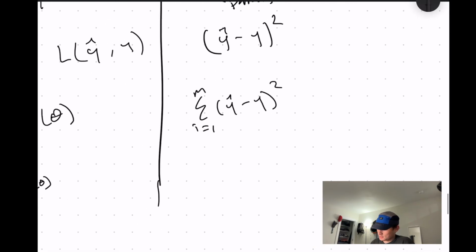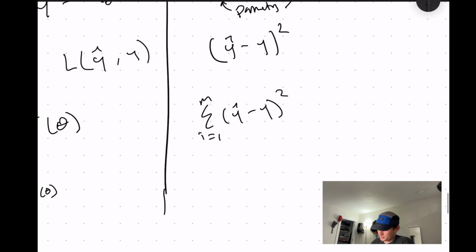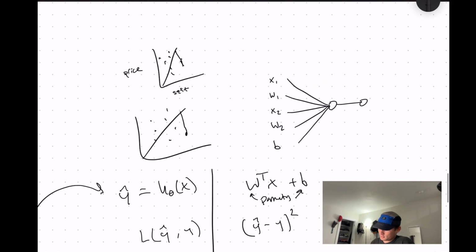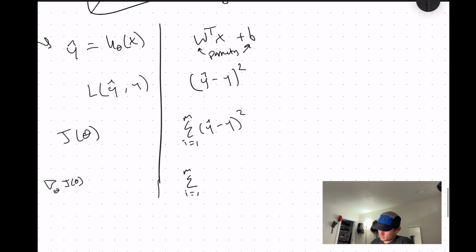Okay. So now the goal is to find the gradient of this. And to do that, let's just start with one parameter. So first, let's put in y hat equals h of theta of x, and h of theta of x equals this.